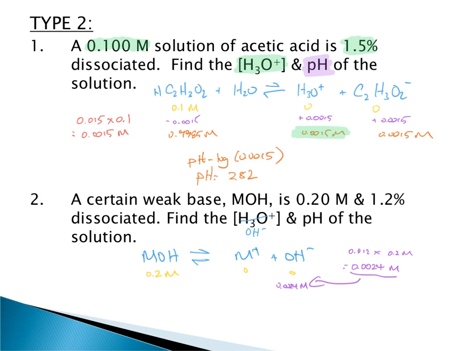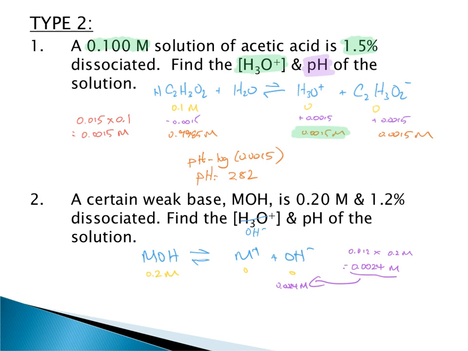So to figure out the pH, how are we going to do this? Well, we could use the exact same approach we did before, where we would take 10 to the negative 14, divide it by the hydroxide ion concentration, and that would give us the hydronium ion concentration.